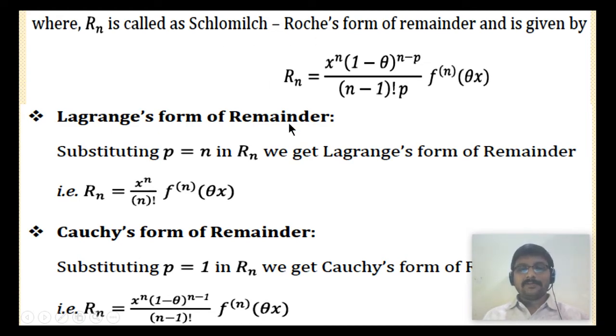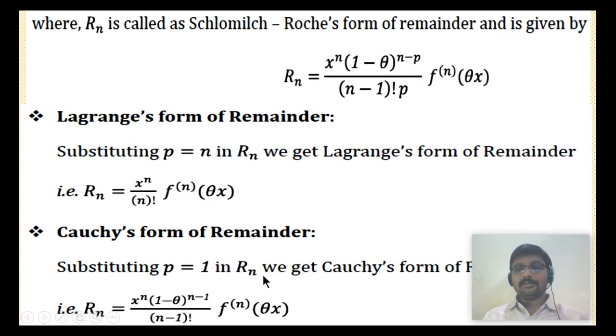Now to get Lagrange's form of remainder, we have to put p equal to n in this formula, so that we get x power n by n factorial, because (n minus 1) factorial into n is n factorial, into f nth derivative at the point theta x. It is called Lagrange's form of remainder. Now to get Cauchy's form of remainder, we have to put p equal to 1.